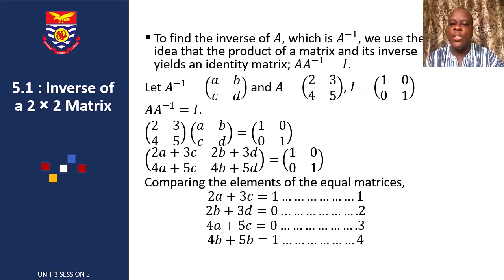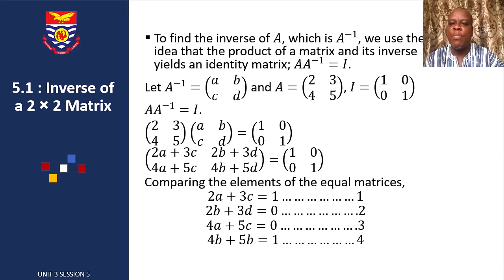So let's consider the equation A times A inverse is equal to the identity matrix. Then we replace the matrix A by [2, 3; 4, 5], then we bring in the inverse [a, b; c, d], and this should be equal to the identity matrix [1, 0; 0, 1].